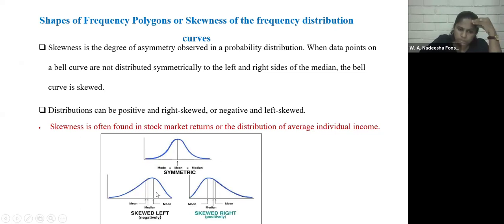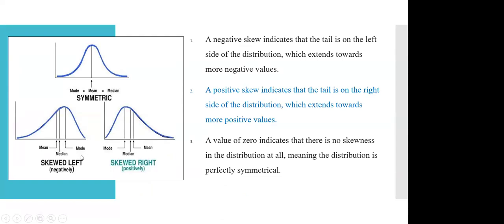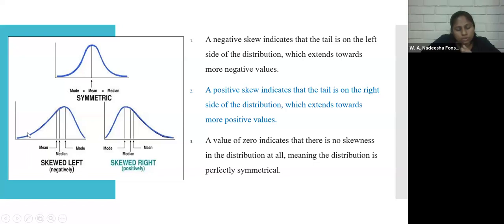So there are two types, skewed left and skewed right. If the marks of the students are distributed like this, that is called skewed left. It means the majority of the students got high marks, and a small number of students got low marks. So this type of paper is very easy for students.